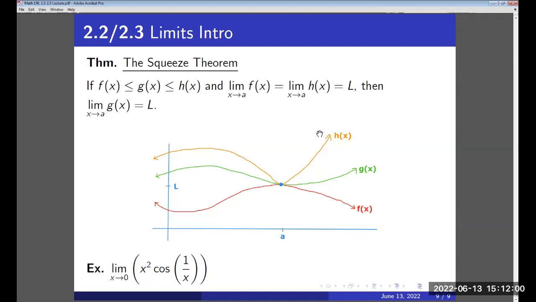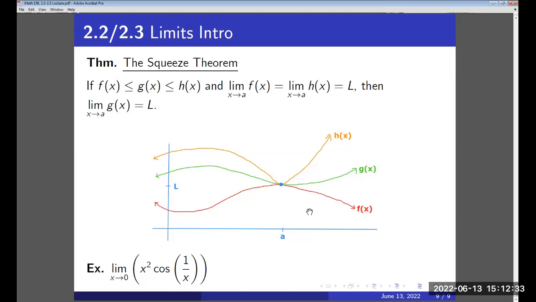Notice they can equal each other, though. That's allowed. So at this one moment, all three are equal. And we see that g, if it really is caught between the other two, has nowhere to go. It gets squeezed between f and h, and it has to pass through that same value at L as well. So the limit for g of x as x approaches a is also L, along with the others.